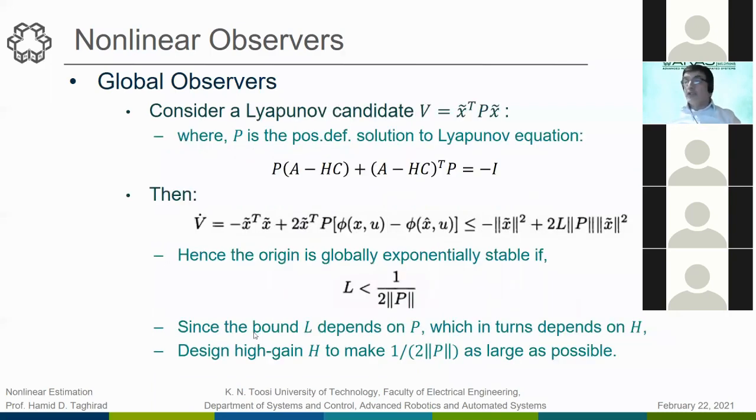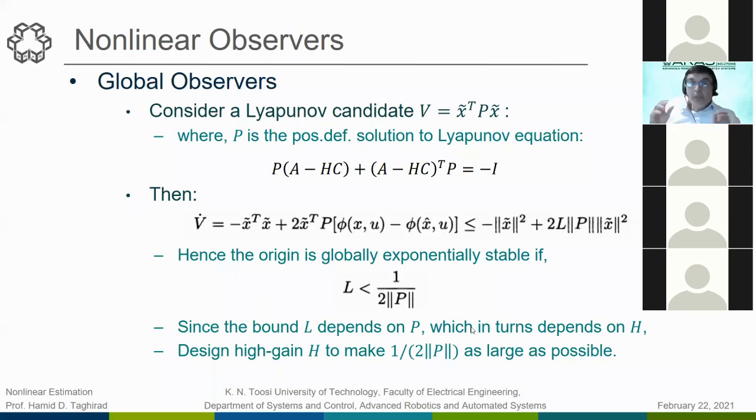But unfortunately, since the bound L depends on P, both of them are tied to each other. They're not two independent design parameters that you can simply tune. But we hope that they also depend on H, the controller gain that we had before.